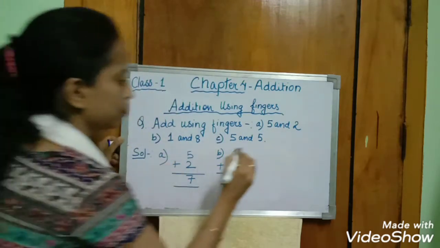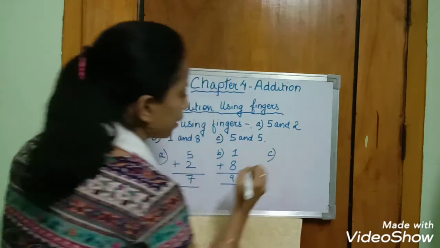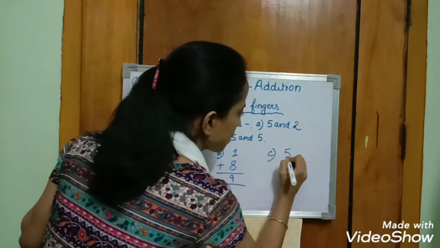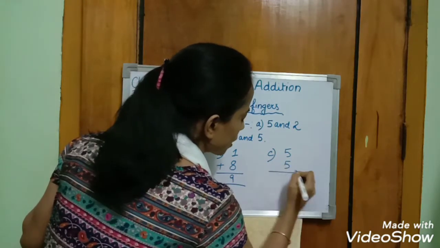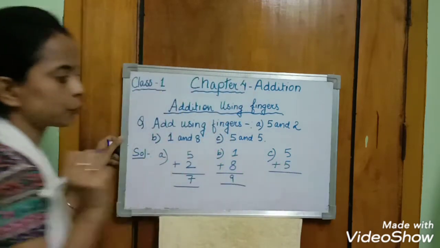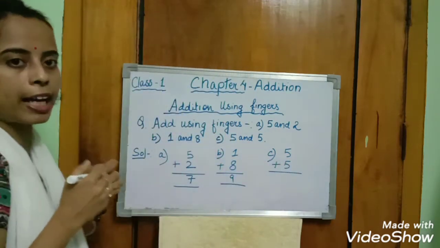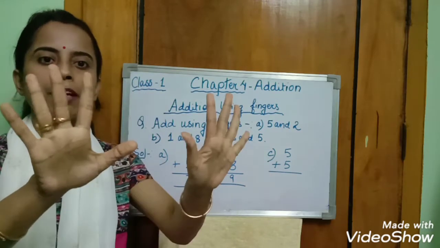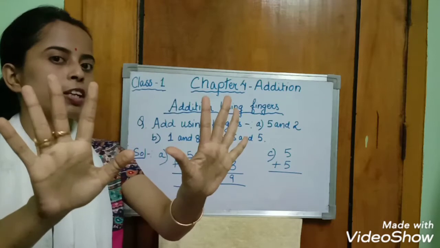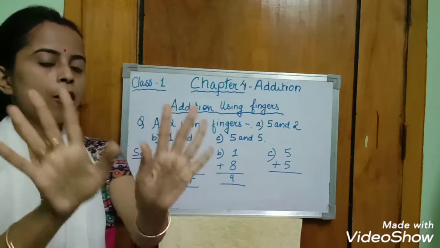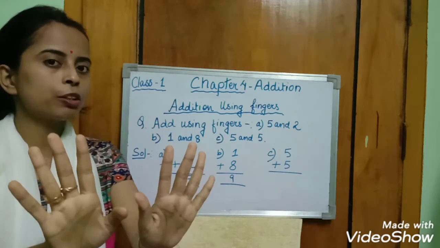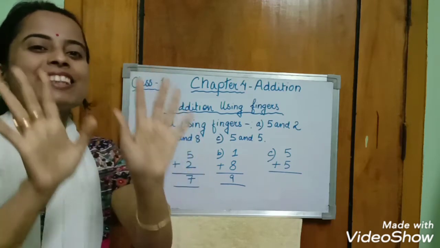Now number C. 5 and 5. 5 plus 5. Again, add using fingers. 5 fingers, 5 fingers. What is the total? 5 plus 5 comes to how much, children? Yes, it is 10.